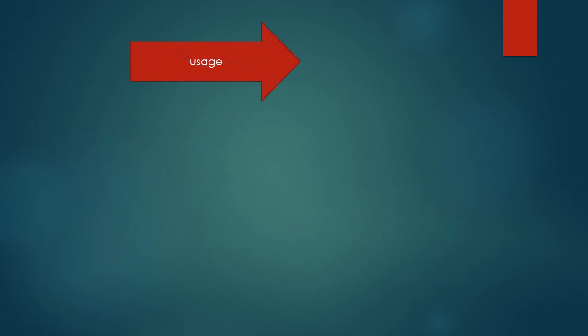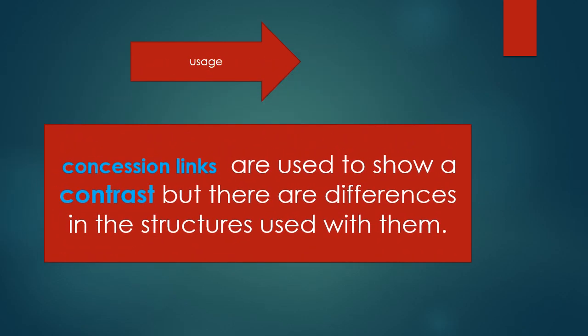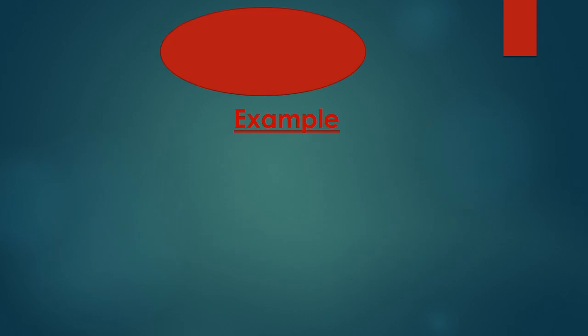Now, first of all, let's talk about the usage. Concession links are used to show a contrast, a paradox, but there are differences in the structures used with them.